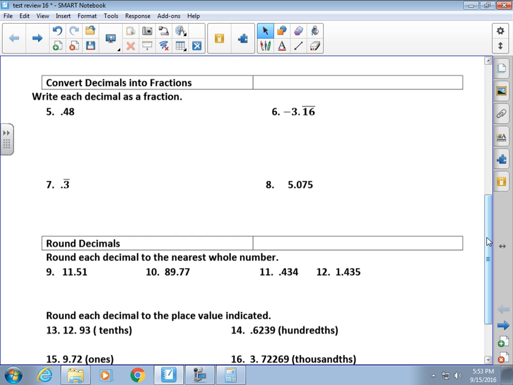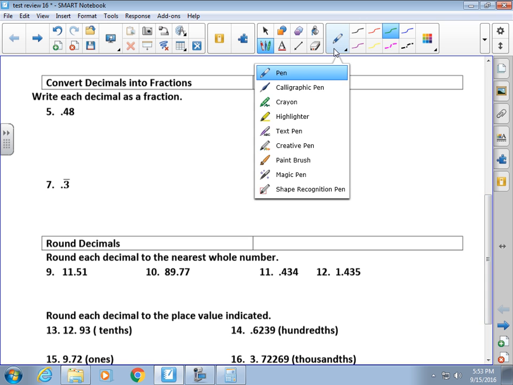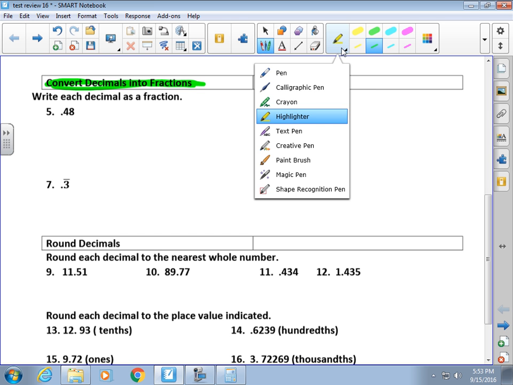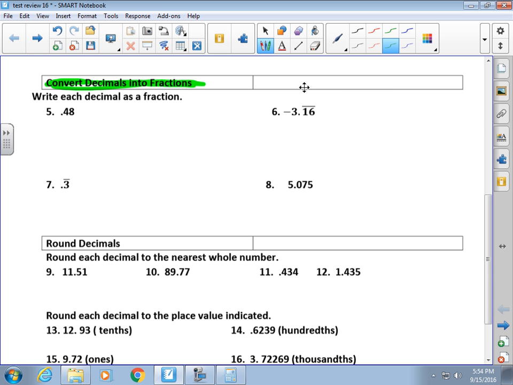All right. For number 5, 6, 7, and 8, they want us to convert decimals into fractions. So we're going in the opposite direction. There are 2 ways that you can do that.